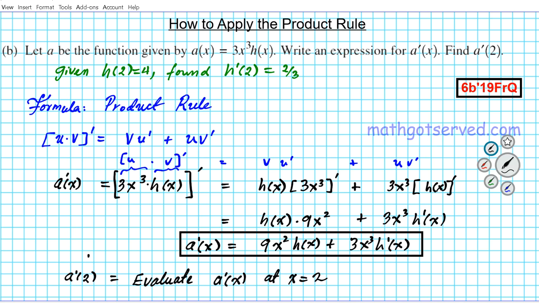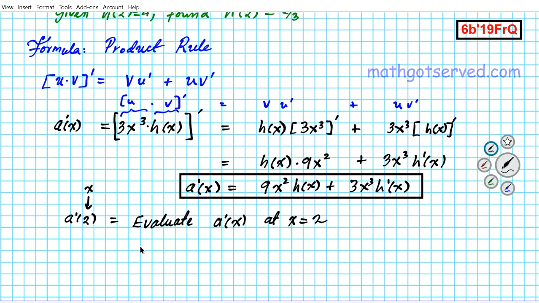Because that's what's substituted in here for x. Let's do it. We already have a prime of x here, so we'll just take out all the x's and replace them with 2. So 9 times 2 squared times h of 2 plus 3 times 2 to the third times h prime of 2.